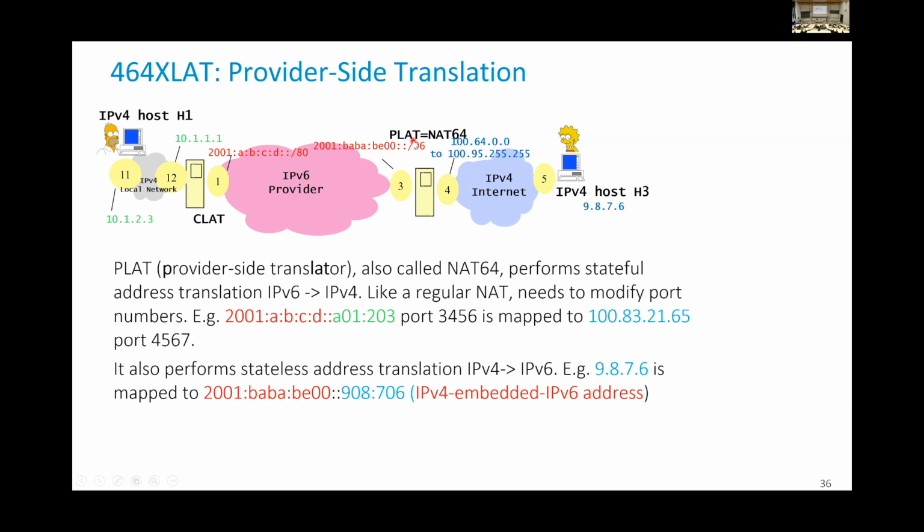In fact, it's what is called the PLAT, the Provider Address Translation Device, is a NAT. It's also called a NAT 6.4, network address translation. It translates an IPv6 packet into an IPv4 packet, which means translating the header, replacing hop limit into TTL, etc. And also mapping the address here.